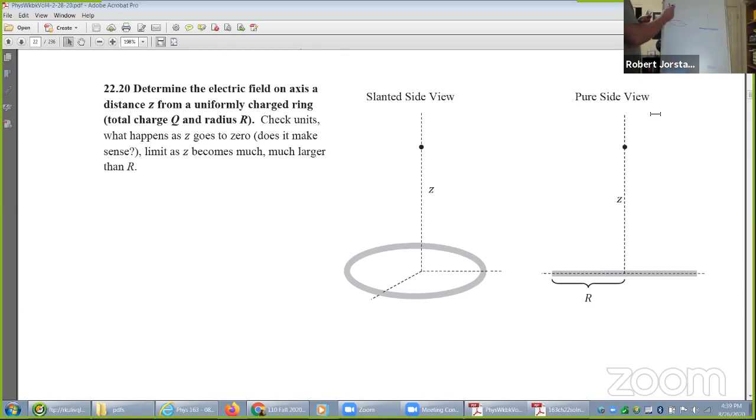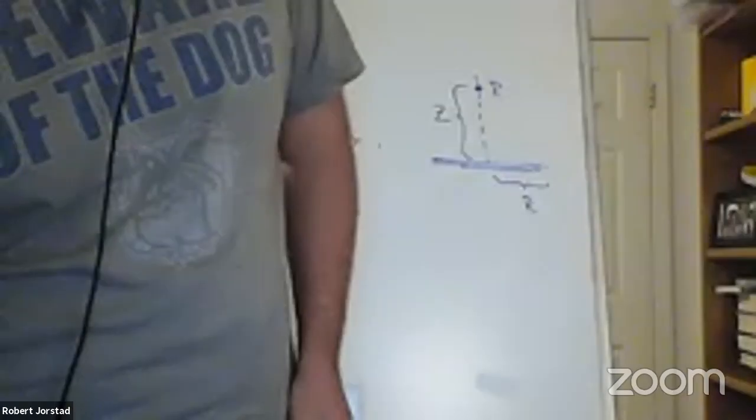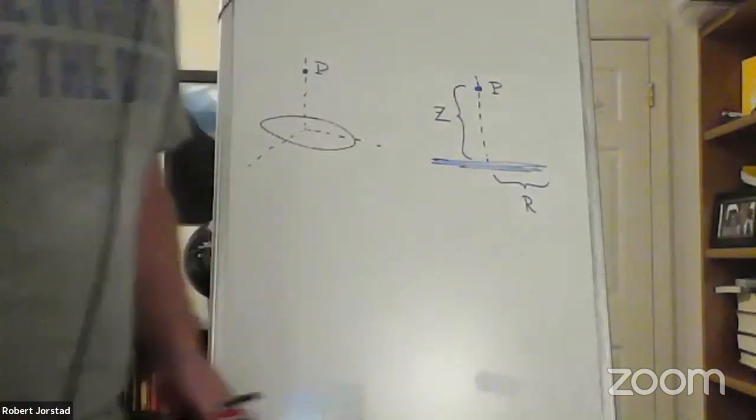Then we know we're at some point up here, and the radius of this thing is R. Got it.